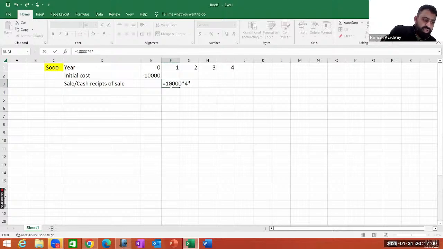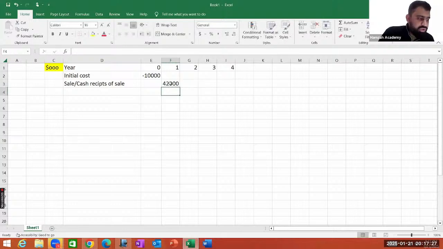So we will multiply it with 1.05. 1.05 means 1 plus 5%. And you will then press enter, and your sale revenue will be 42,000. Number of units into sale price per unit into 1 plus inflation rate.